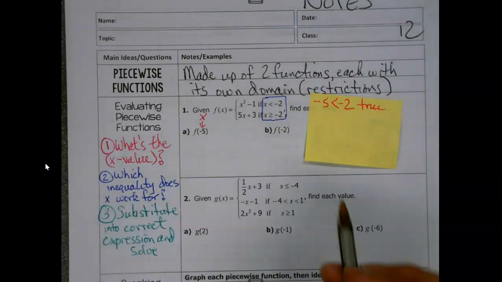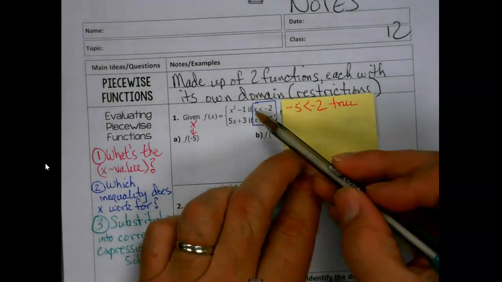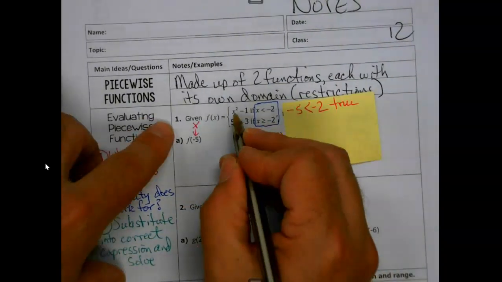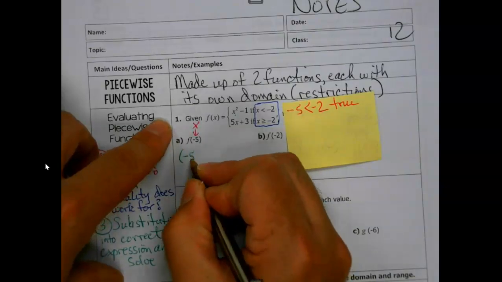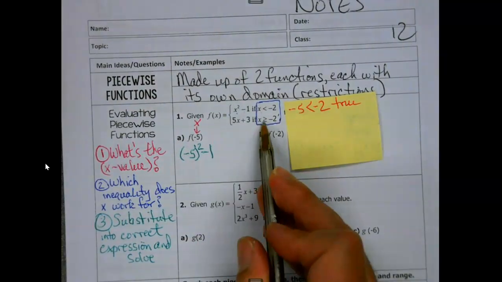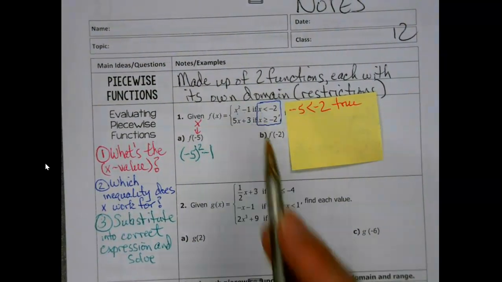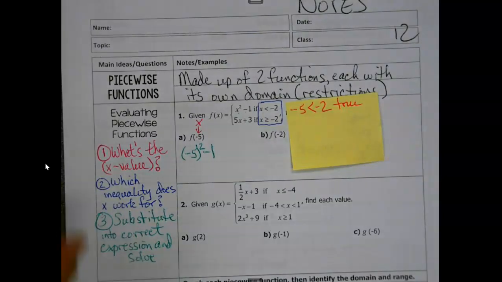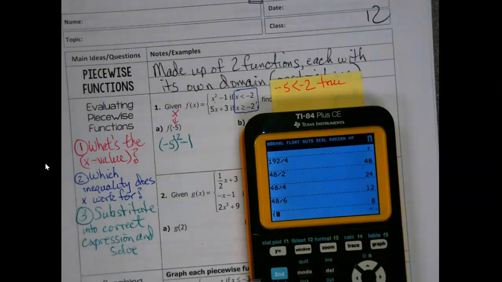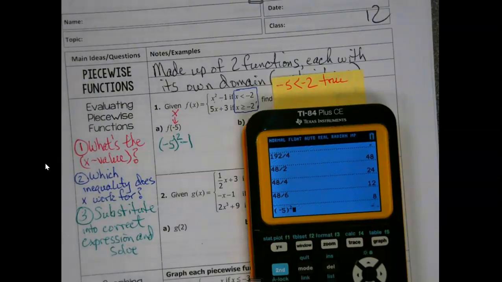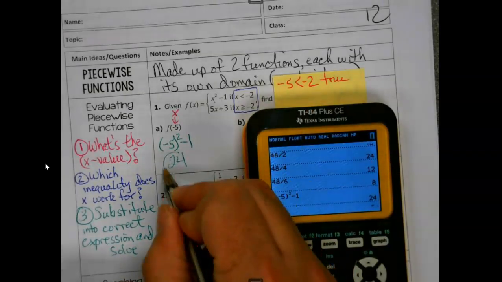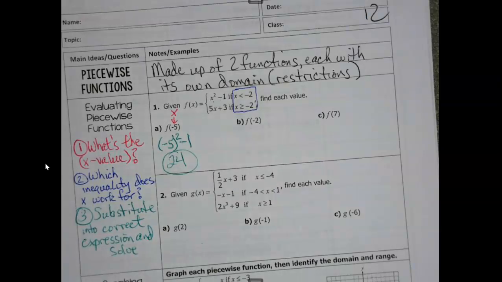So, for instance, on this one, since we said the top one is true, since -5 is less than -2, we're going to take this, we're going to use parentheses. And we're just going to plug it into the top one, because -5 isn't greater than -2, so I can't put it in that one. We have to pick the right one. And once we do, we can either use our noggin or we can use the calculator and get our solution.